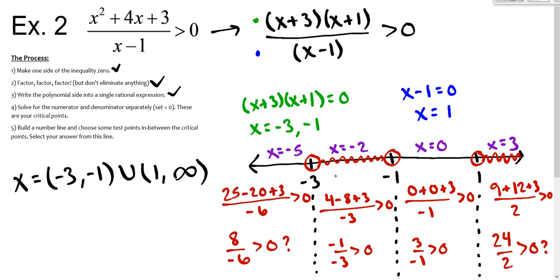Once you have those points, you can test them to see if it makes a true or a false statement. If it's true, that region is included in your answer. If it's false, that region is not. We can then take the number line, determine whether we should be using open circles or closed dots, depending on the inequality and whether that critical point came from the numerator or the denominator, and write it out in interval notation.